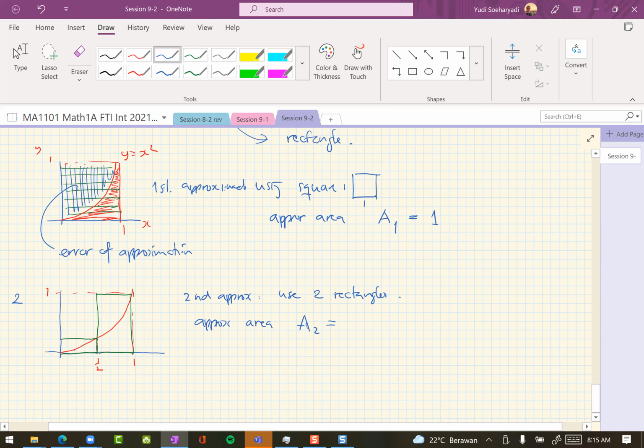The first one has base length 1/2, and the height is, because this is x squared and x is 1/2, 1/4. And the second one has base length also 1/2, but the height is 1. Easily you can compute this: 1/8, and 1/2.